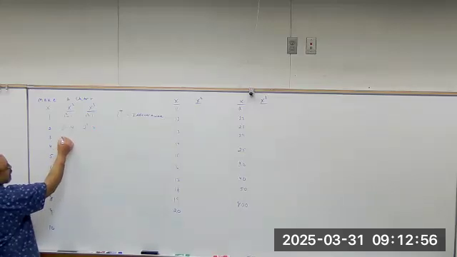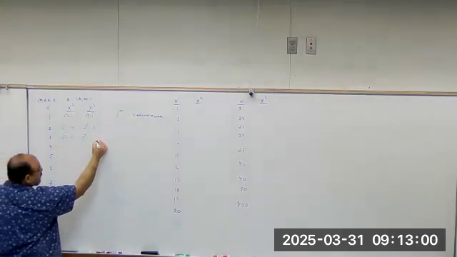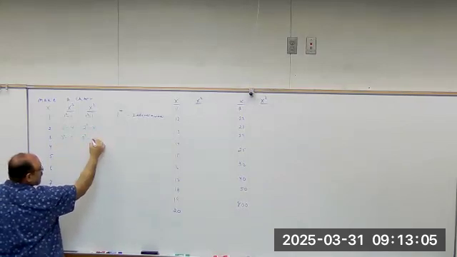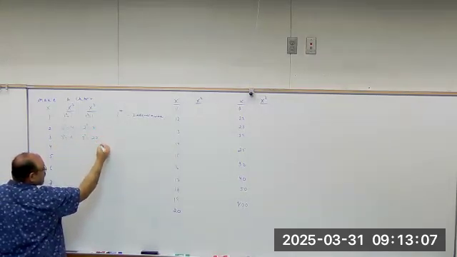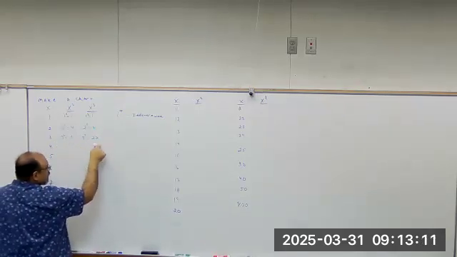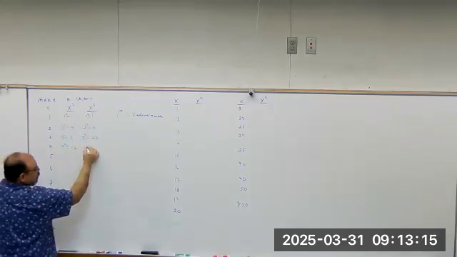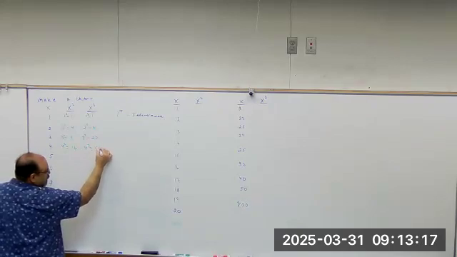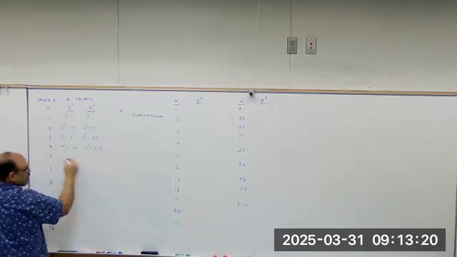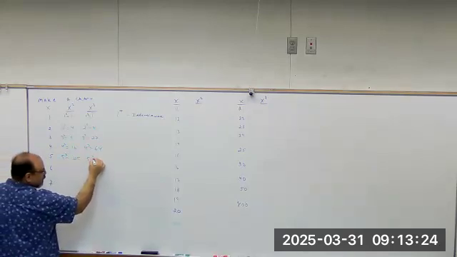3 squared, 9. 3 to the third. Come on, guys. You need to know your powers of 3. 4 squared, 16. 4 to the third, 64. 5 squared, 25. 5 to the third, 125.